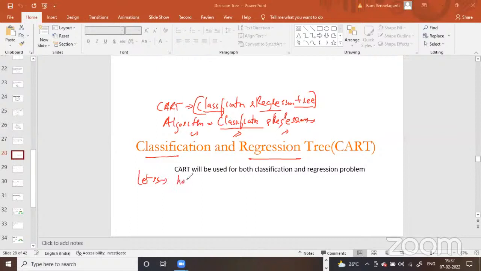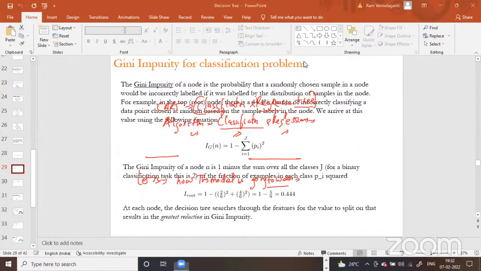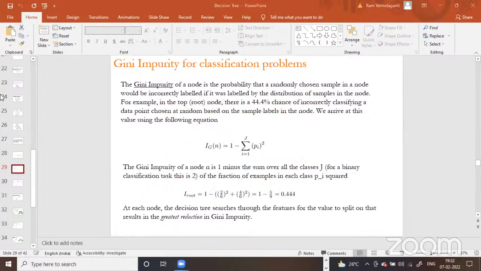So let us see how this model is going to work. First we are going to discuss the example of a classification problem.